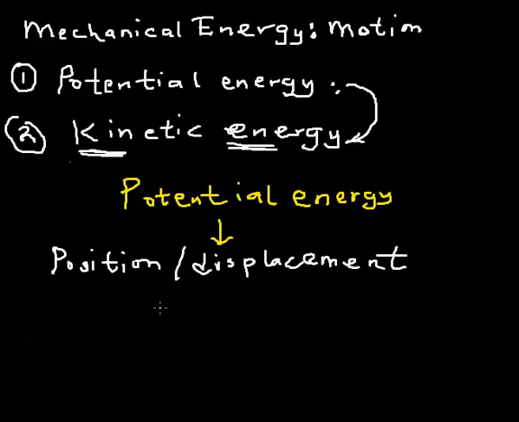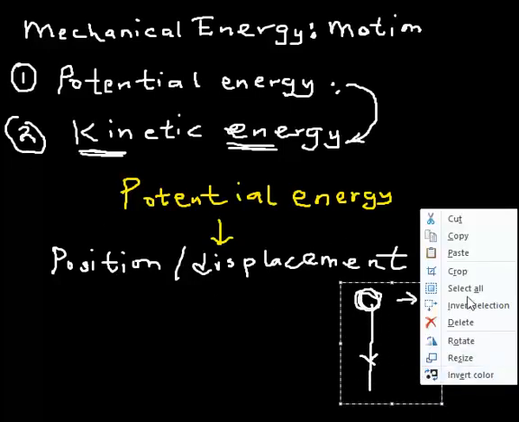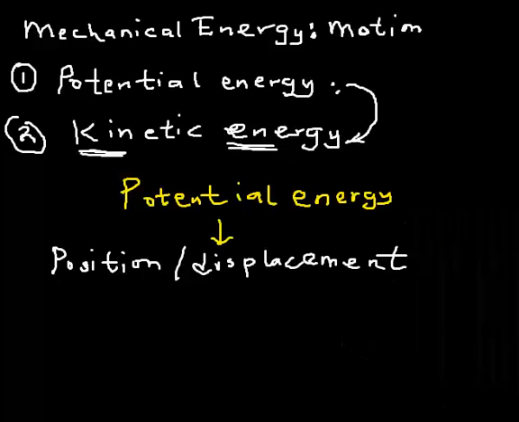Okay, let's say for example, if you raise a ball to a particular height and release it, it will not remain at that height. Okay, it will just fall down due to the influence of gravity. That is one example. Another example of potential energy is, let's look at catapult.